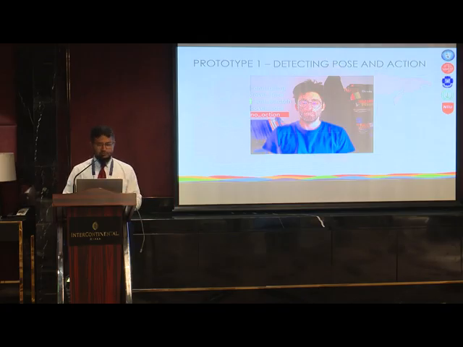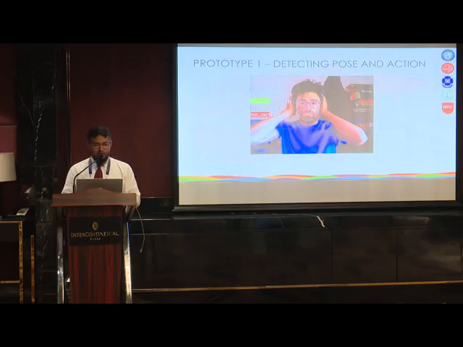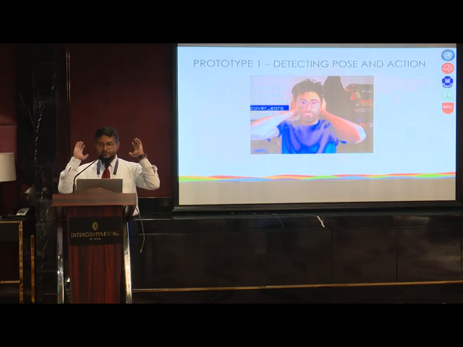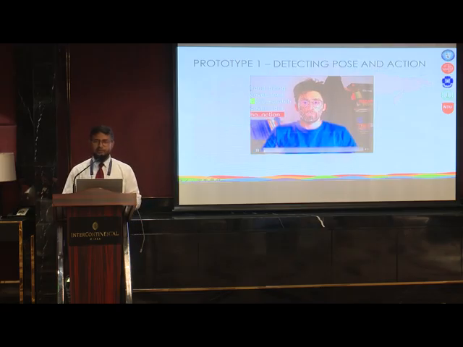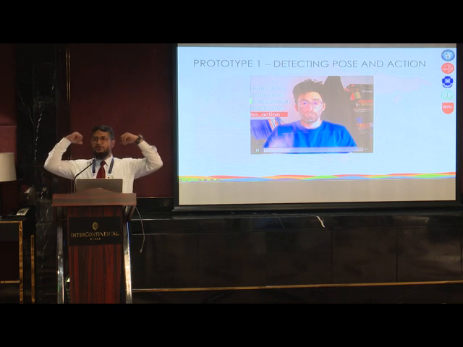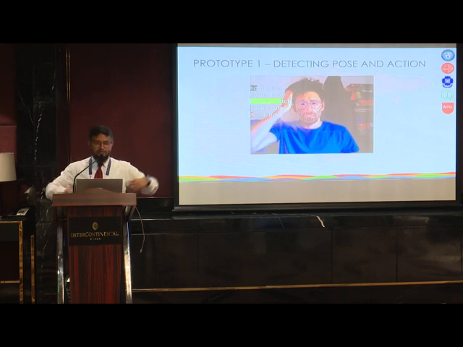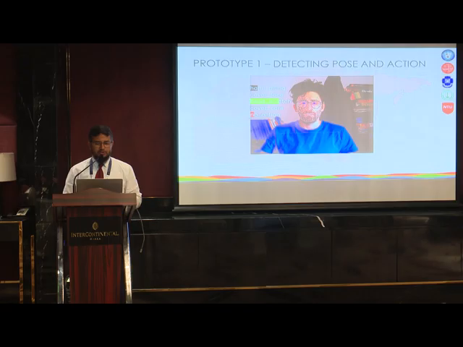That serves as an indication, a signature, of a meltdown happening in the next few minutes. For example, covering ears. As you can see, this does not only detect the facial landmarks, but it also detects the different limbs and body parts as well. So, head scratch.